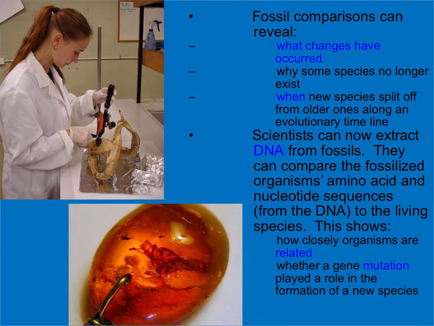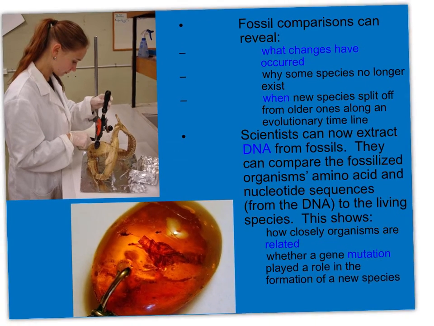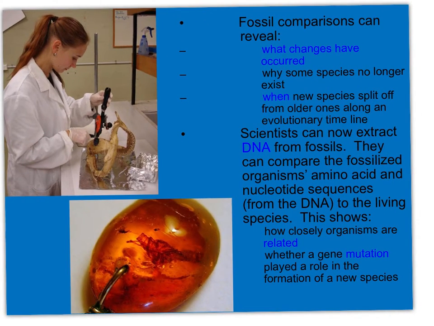Okay, so we can also compare fossils. We can compare fossils of 2 different species, a species that no longer exists, the same species, or 2 different species where maybe one's older and one's newer, or we can compare them to species that are living now.